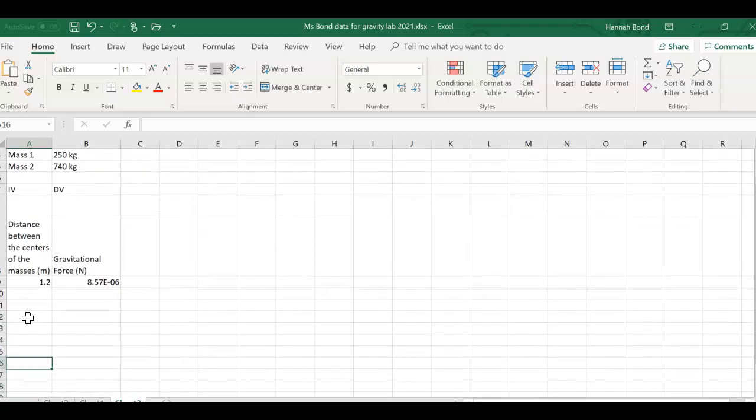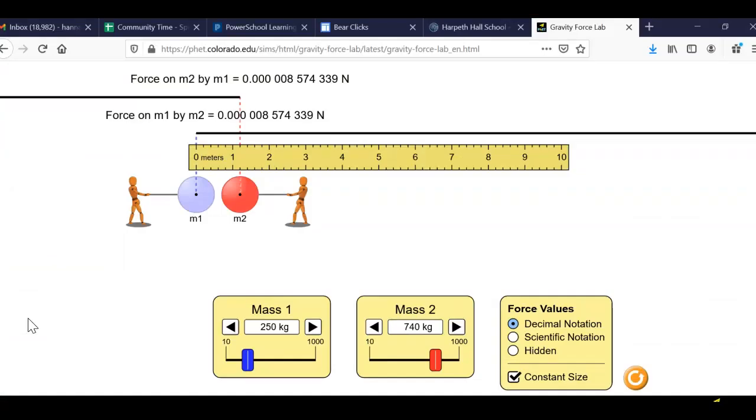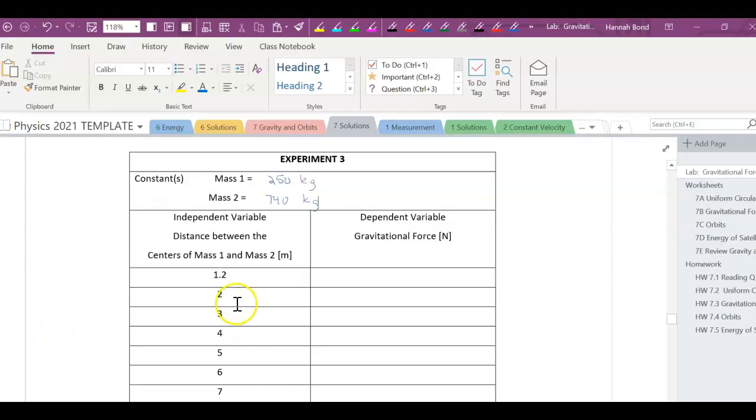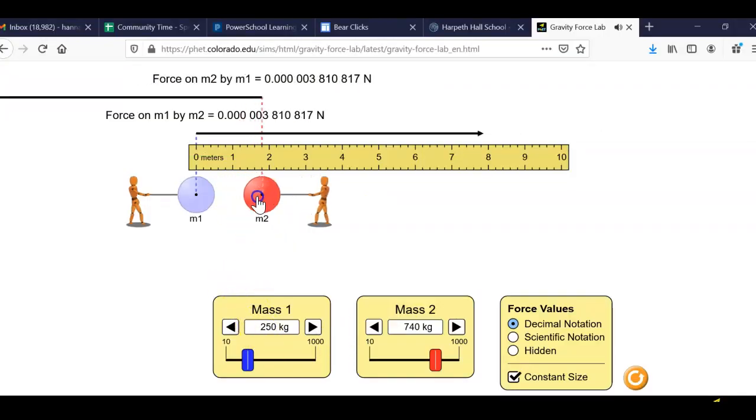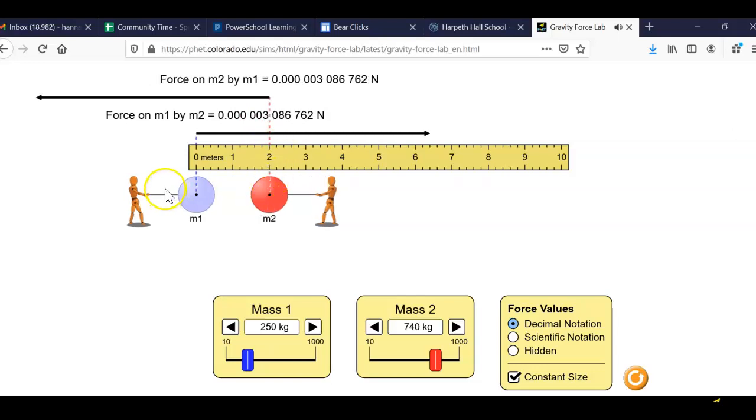Now the only thing I'm going to change is the distance between them. The distance should be 2 meters. So I'm going to pull the red mass to the right to a point where it is at 2 meters away from the blue mass, and I'm going to record this new data.